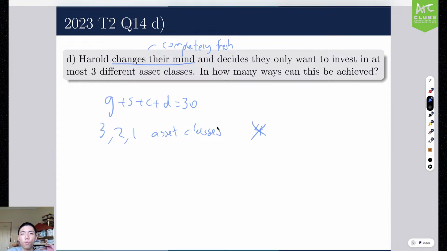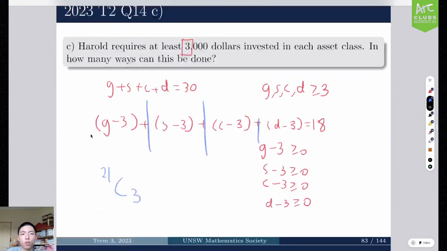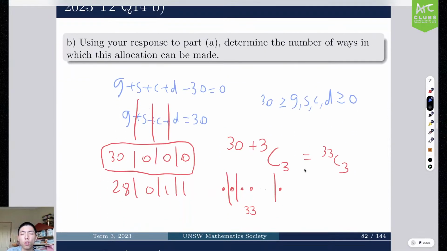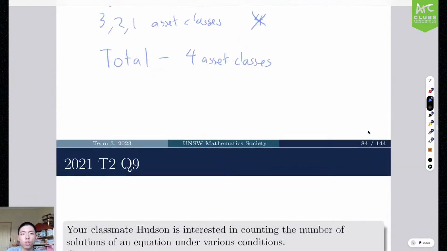So the way we can do this is to find the number of ways that we can invest overall, including 1, 2, 3, and 4, and then subtract off the ones that are invested in 4 asset classes. The total we've already found from before, from part B, was 33 choose 3. So if there are no restrictions, it would be 33 choose 3.